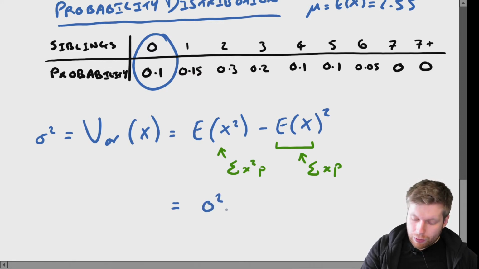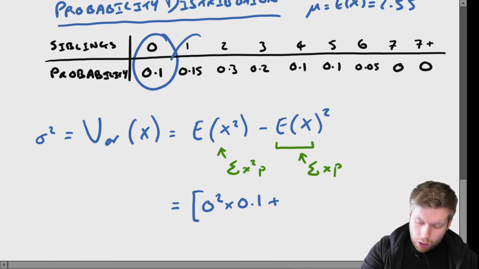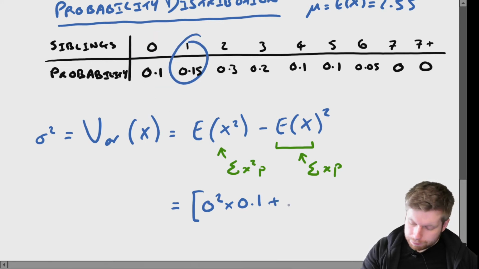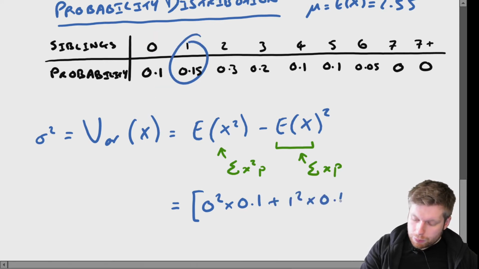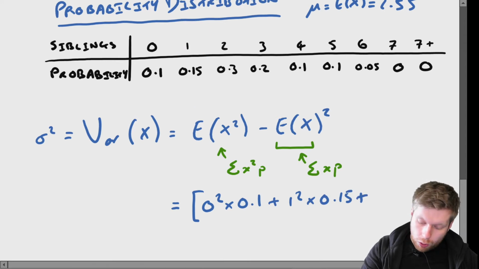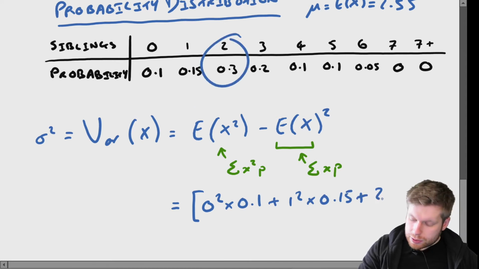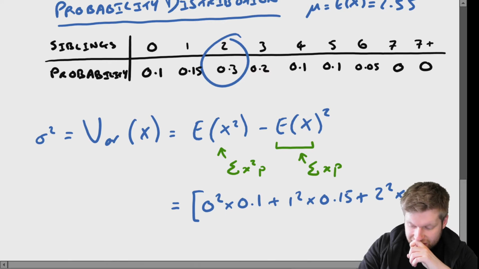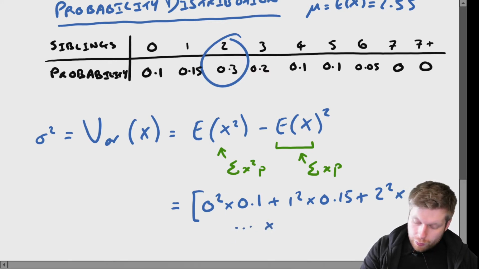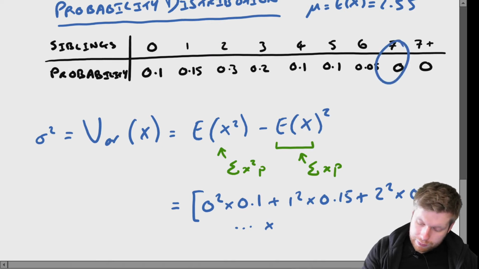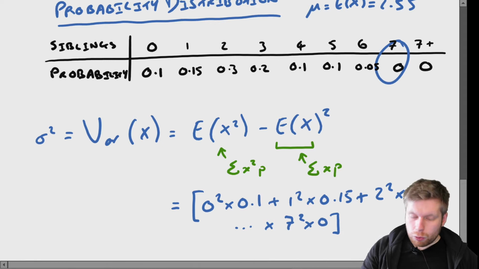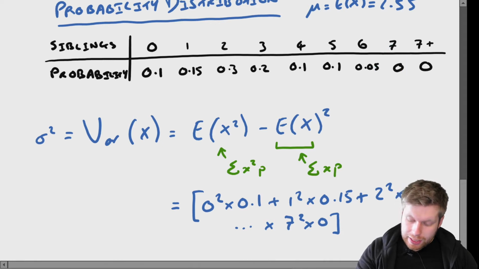In other words, 0 squared times 0.1, plus the next one along, 1 squared times the associated probability, plus 2 squared times the associated probability, and then the next one along, all the way up to 7 squared times its associated probability. Add all those together, because that's what E of X squared is asking.